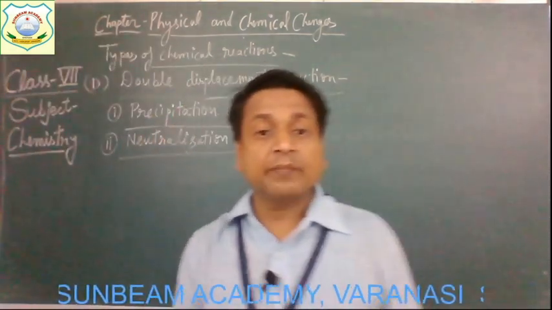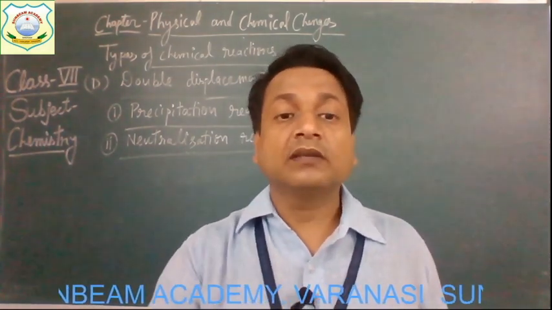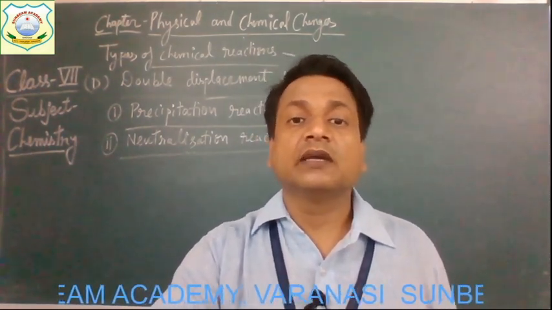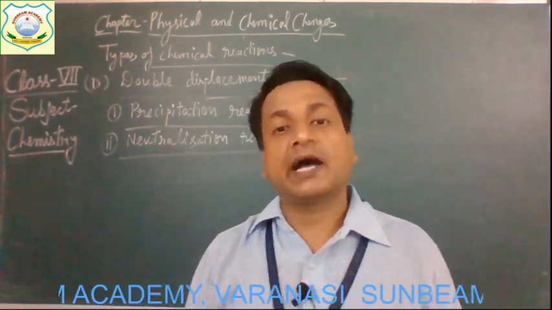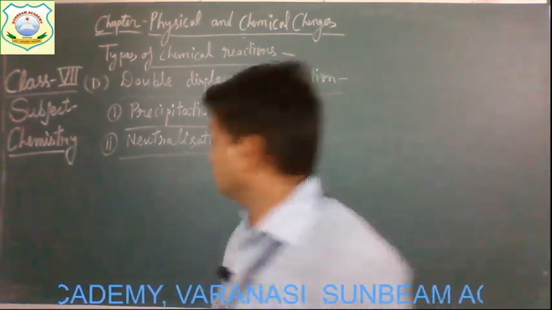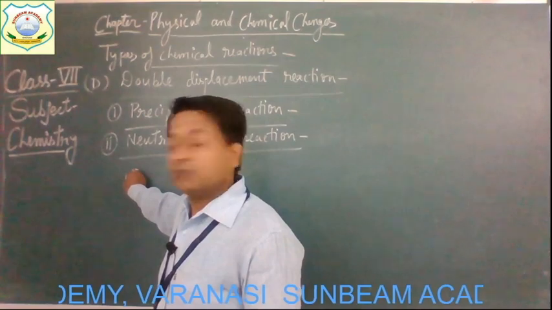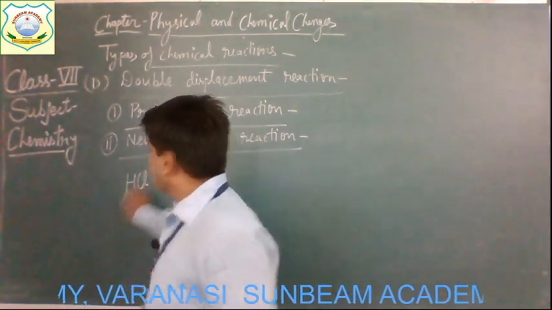The next example is when hydrochloric acid reacts with potassium hydroxide. Children, hydrochloric acid, the formula is HCl.